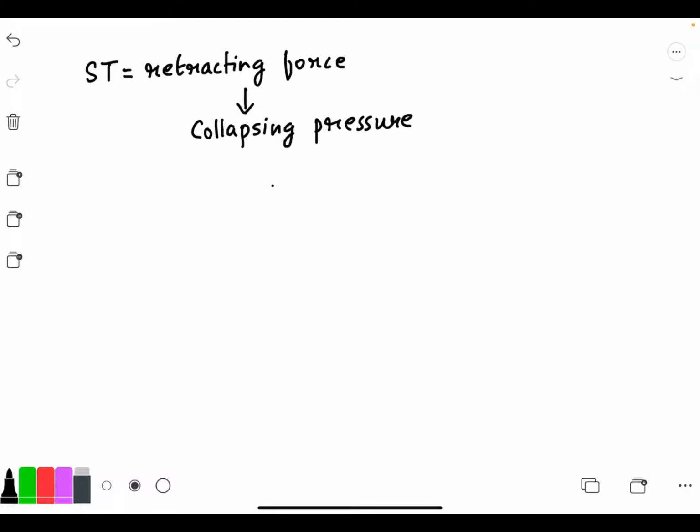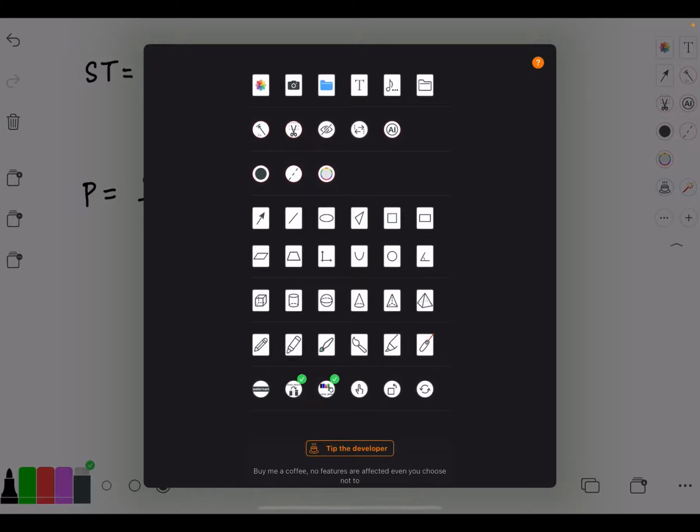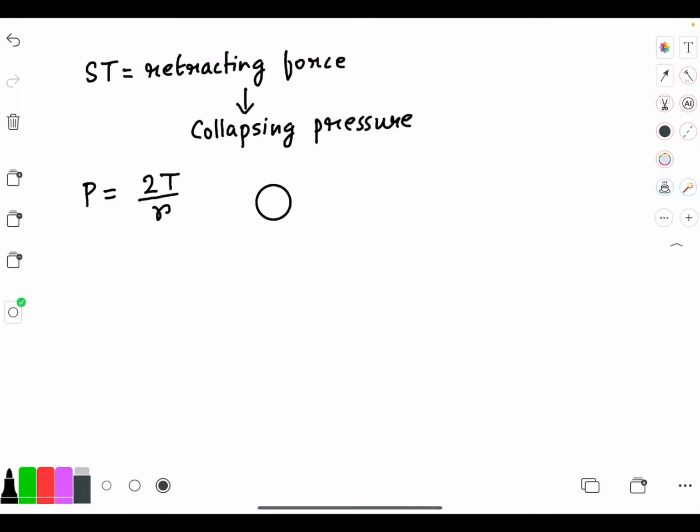This collapsing pressure can be represented by the Laplace formula, which states that this collapsing pressure is equal to 2 times the surface tension divided by the radius. Radius is, suppose, of the alveoli. So let us draw some diagrams here. Consider this as a large alveoli and this as a small alveoli, right?